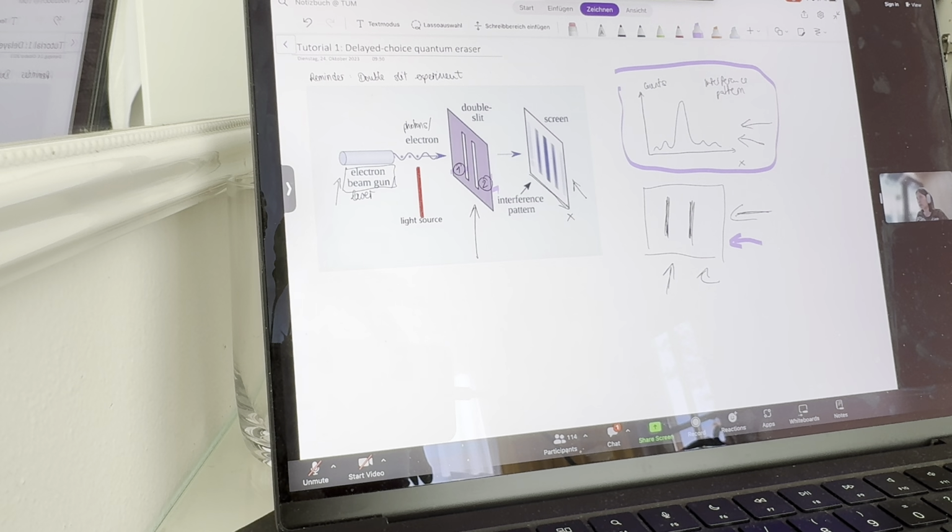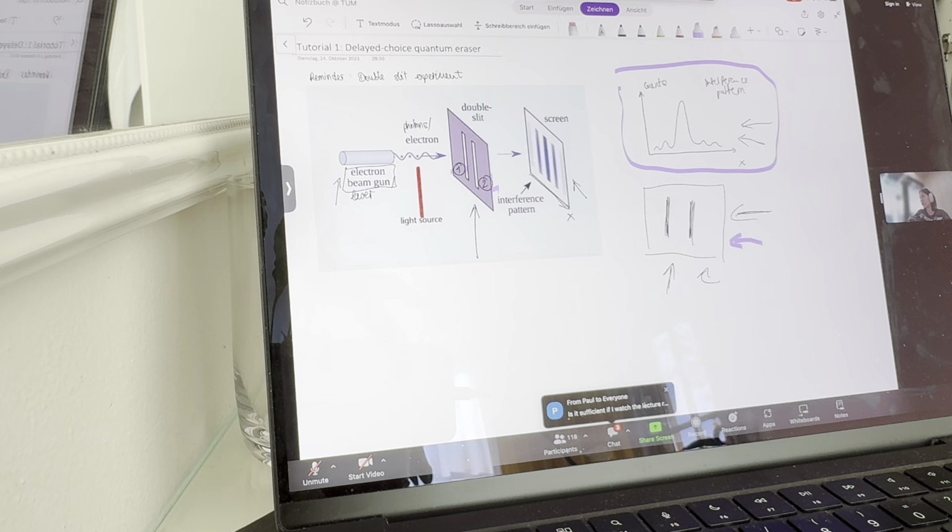And then, content-wise, I talked about the double slit experiment, which is a basic experiment from quantum physics to show that quantum particles show both particle and wave behavior. Since this is something that most high schools cover, I will not explain that again, and I hope that's fine.